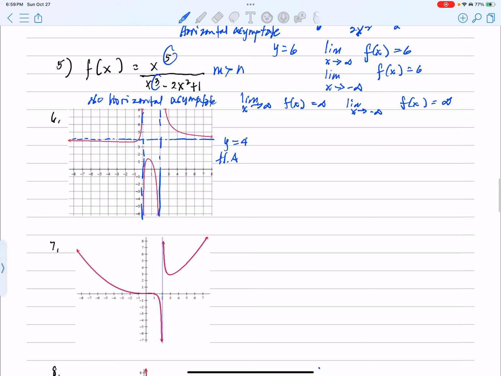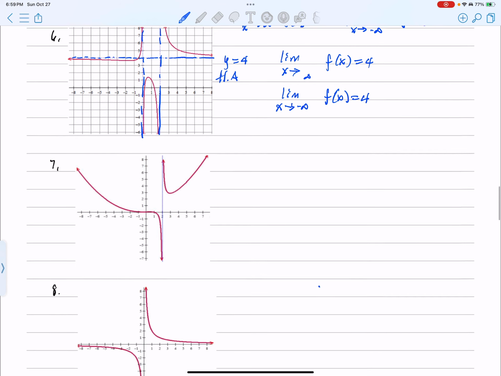So the limit as x approaches positive infinity, the function is equal to 4. The limit when x approaches negative infinity, the function of x is equal to 4.